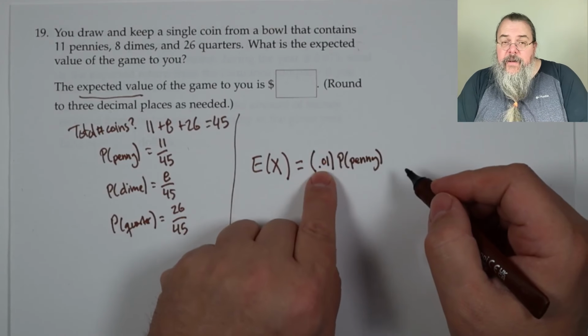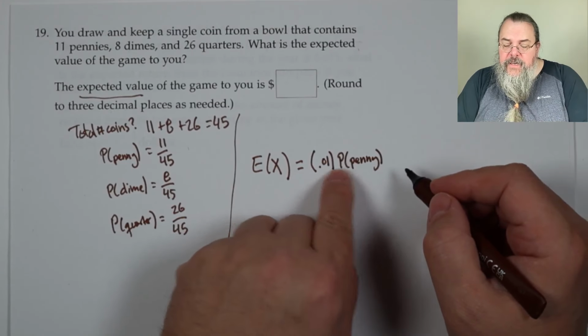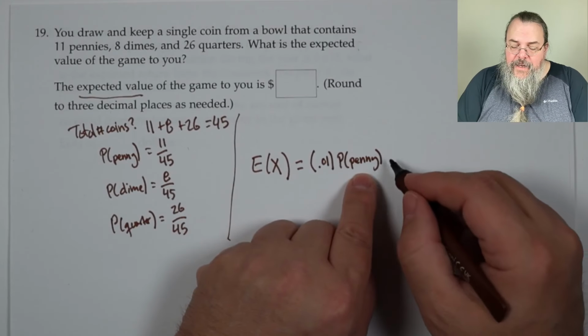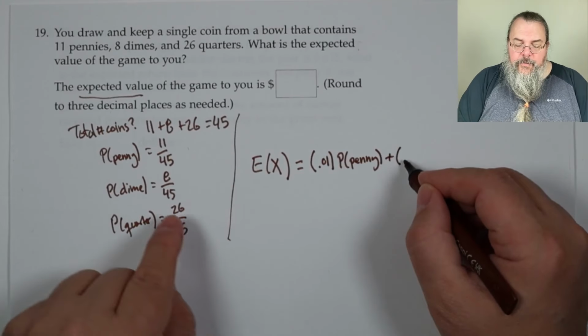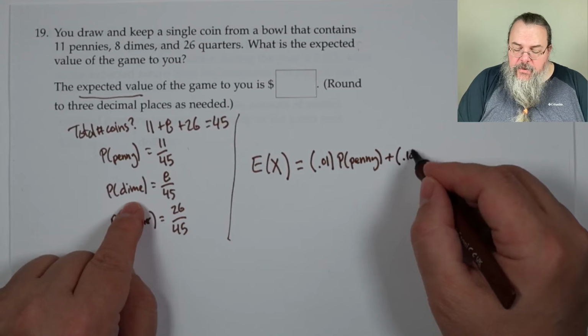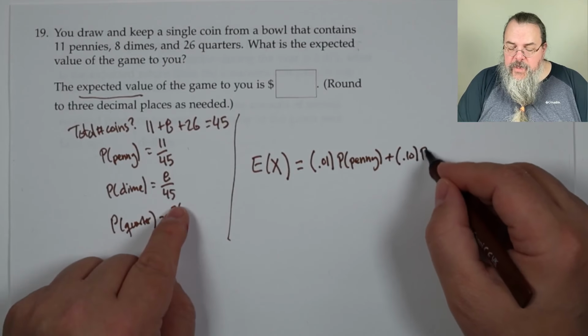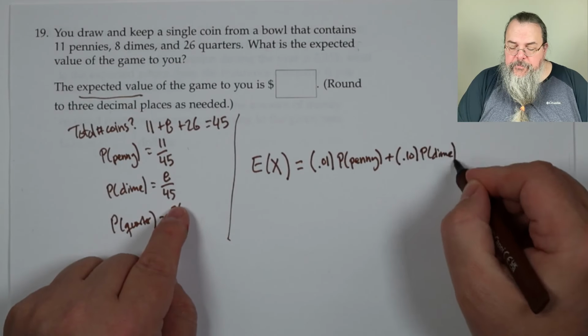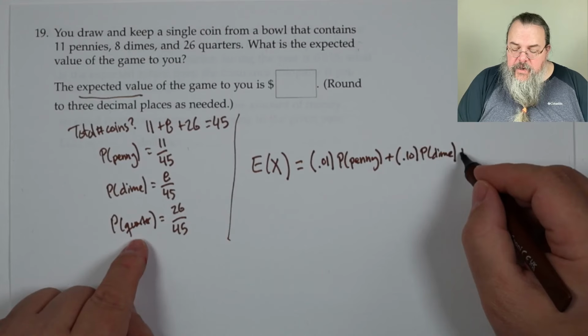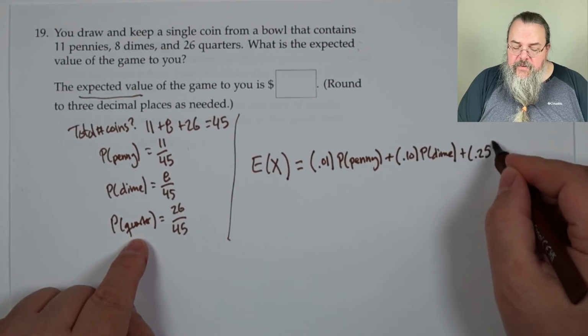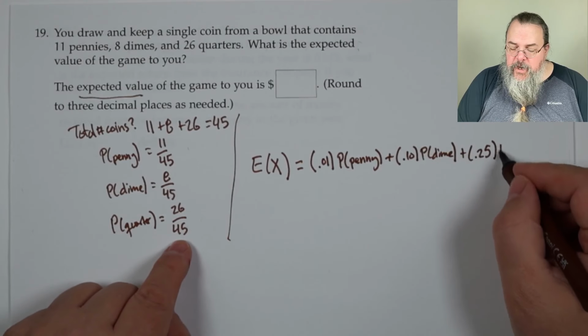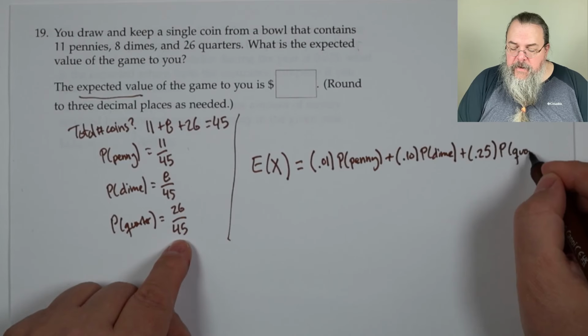This is our value that we get if we pick that penny, plus the dime is 0.10 times the probability that we pick the dime, and then plus a quarter, 0.25, times the probability that we pick the quarter.